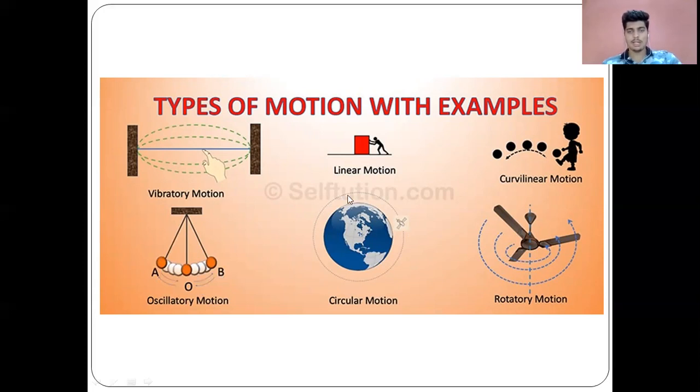The satellite is moving in a circular motion around the Earth by using, of course, gravity and the forward velocity which scientists have given to it. So it basically uses centrifugal force to rotate around the Earth in a circular manner. And then at last we see here is a rotary motion. So it's a fan, and its linear motion is stable, but it's just moving in a round or circle. So it's given as a rotary motion.